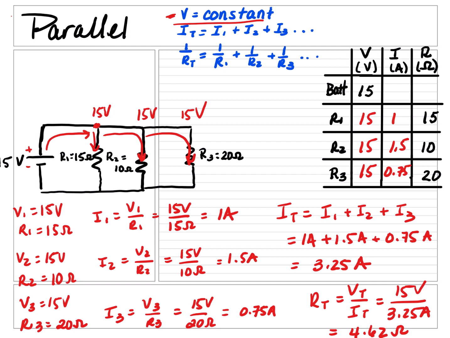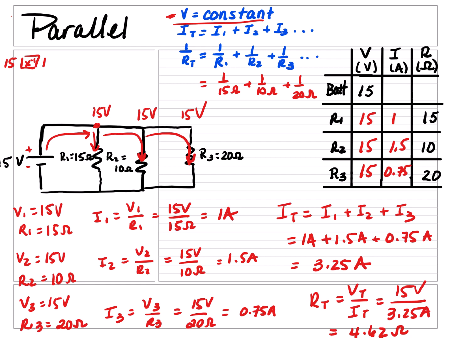We could repeat the procedure to double check. So if I double check, this is 1 over 15 ohms plus 1 over 10 ohms plus 1 over 20 ohms. To find the total resistance, I'm going to use my calculator and the reciprocal button. And you would punch it in like this.